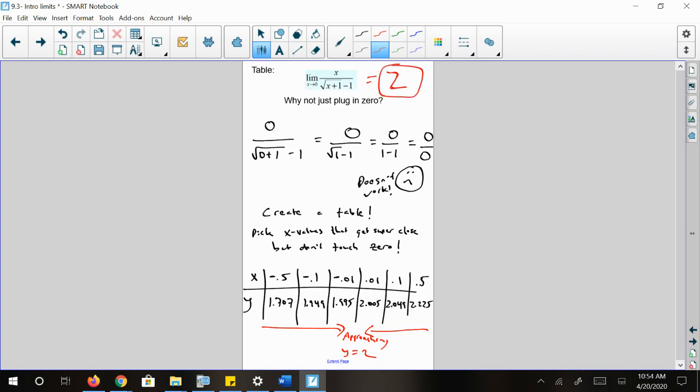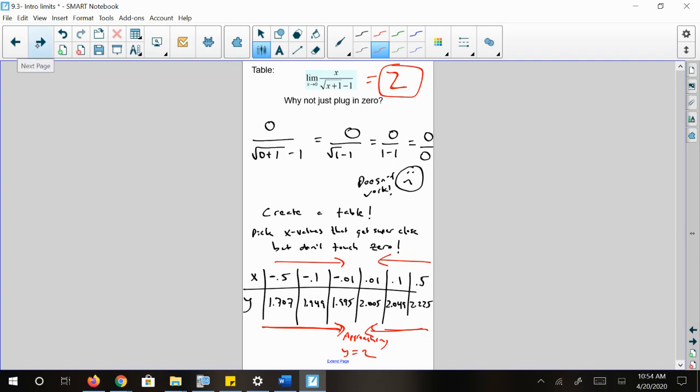So that is the limit as x approaches 0 of this function. And we can see that by looking at our table here. Our y values are approaching 2 as our x values are approaching 0. Okay? So that's one way that we can evaluate a limit, is just by creating a table and plugging in values that get closer to what it's asking me for here on the problem.